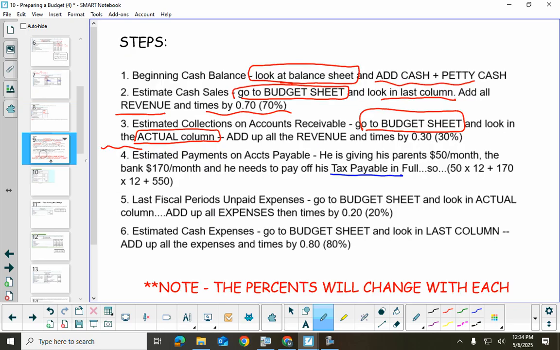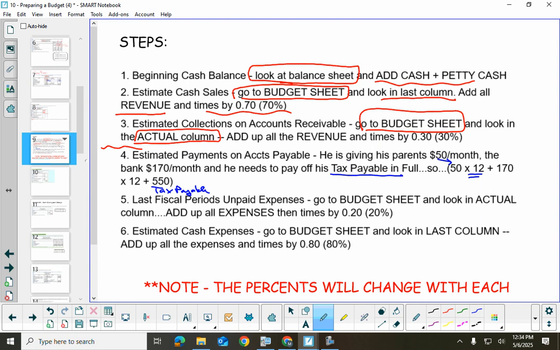So we're going to go $50 a month times 12. Why am I timesing it by 12? Because there are 12 months in a year. I'm going to go $170 a month times 12, plus the $550 because that's how much is tax payable. This is his tax payable bill.